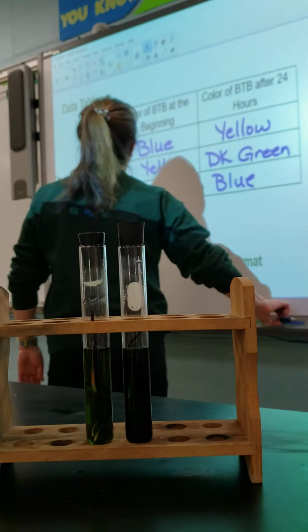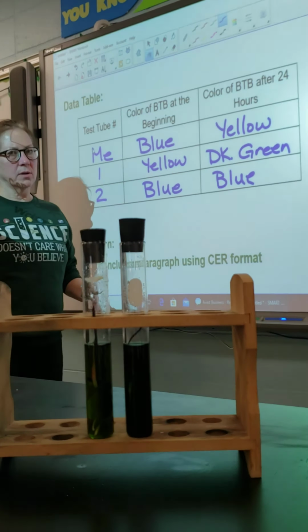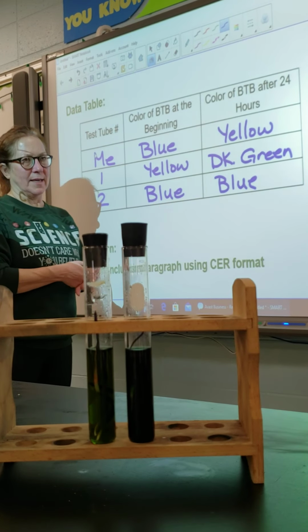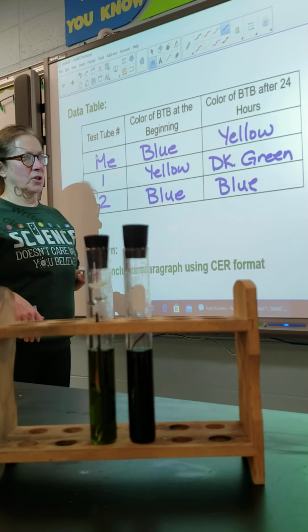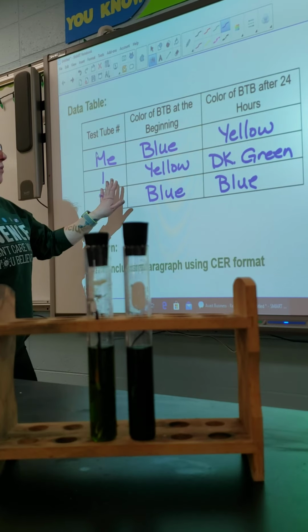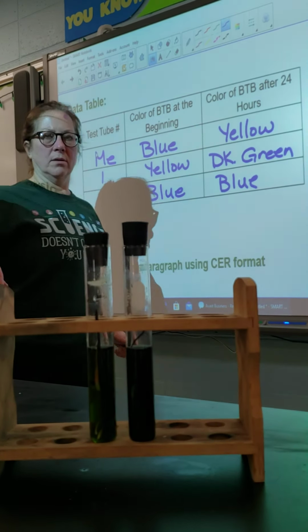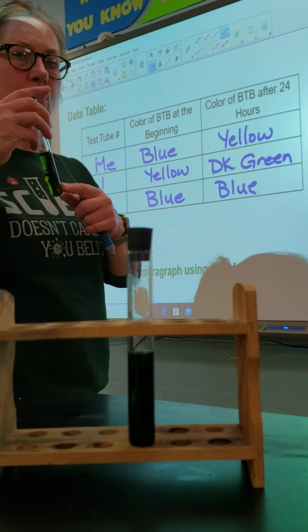So what does that mean? All right, so if the tube is yellow, it's got carbon dioxide in it. If the tube is greenish or bluish, it's got oxygen. So I want you to think about what happened with this leaf that was in yellow BTB.